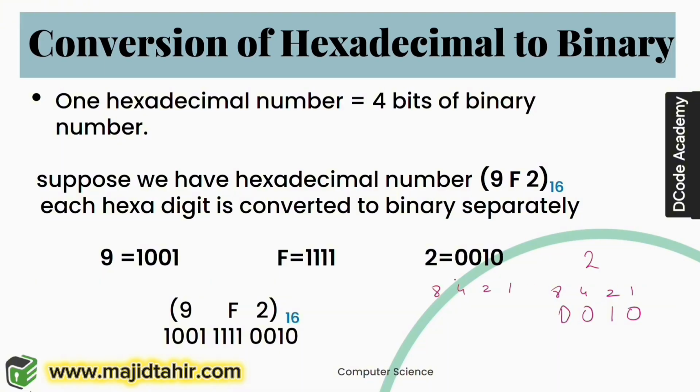Again 1, 2, 4, 8: we have to convert F, which is equivalent to 15. We know already that 8 plus 4 plus 2 plus 1 makes 15, which is F. Again we have 9; we write down the place values 1, 2, 4, 8. 8 and 1 makes 9. So our binary number equivalent to 9F2 is going to be this.